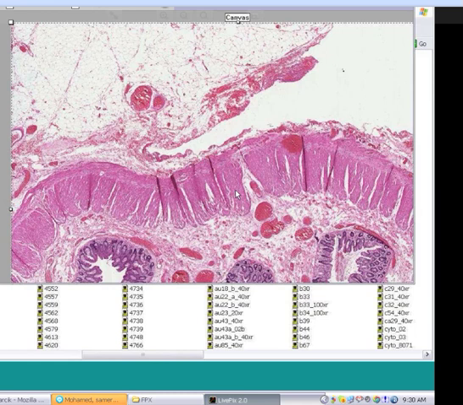So this is probably either small bowel or large bowel. And because the arrangement of the mucosa is not papillary or villous, like villi, it's relatively flat with pits and crypts, this is, again, large bowel. This is a colon.